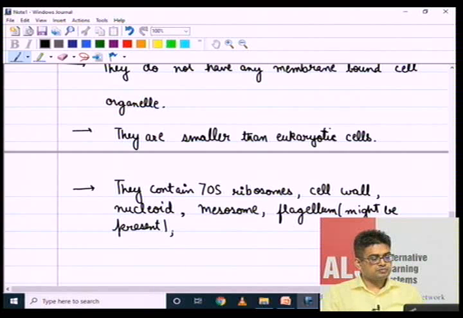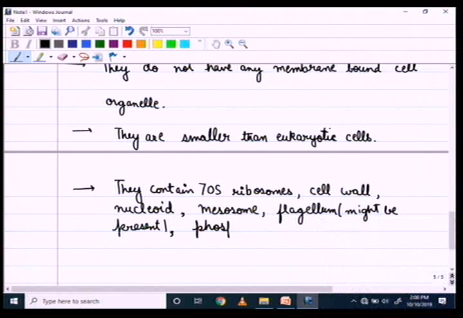They contain some inclusions, some granules. Sometimes they contain phosphate granules and cyanophycean granules. And gas vacuoles also.